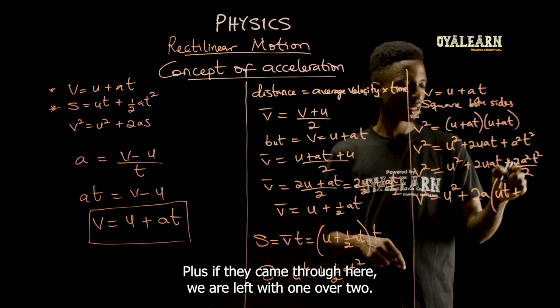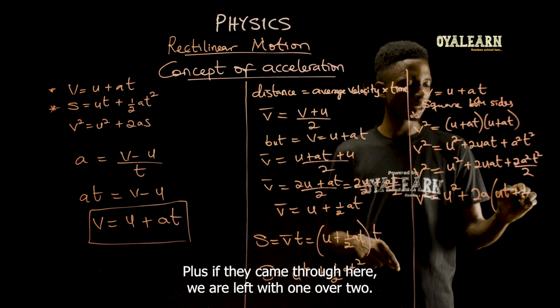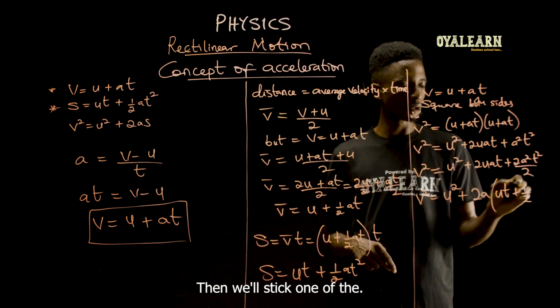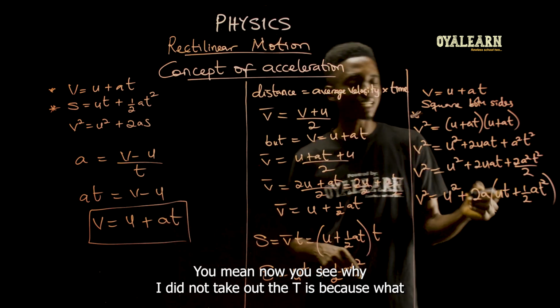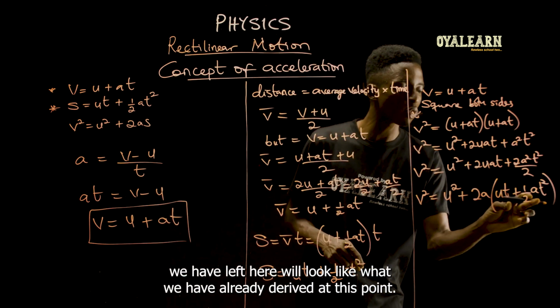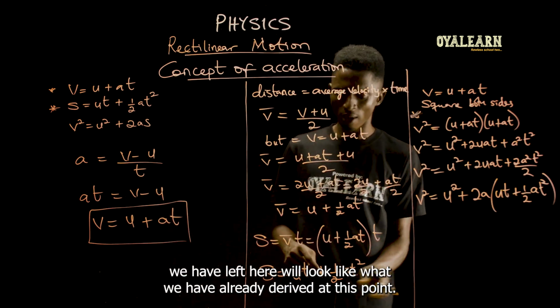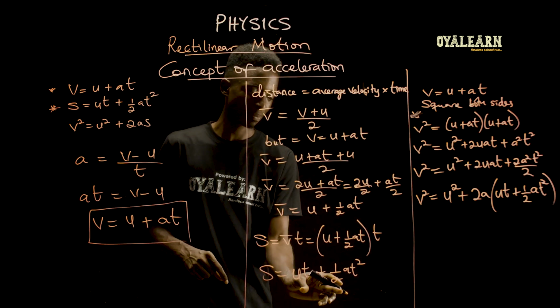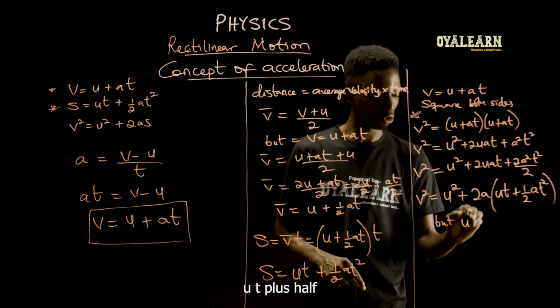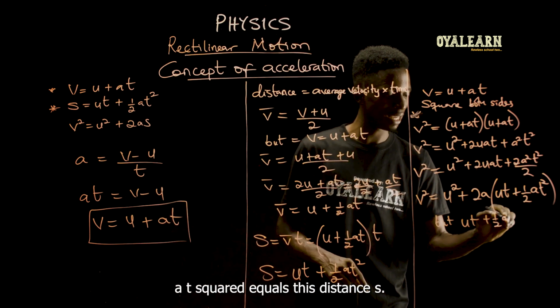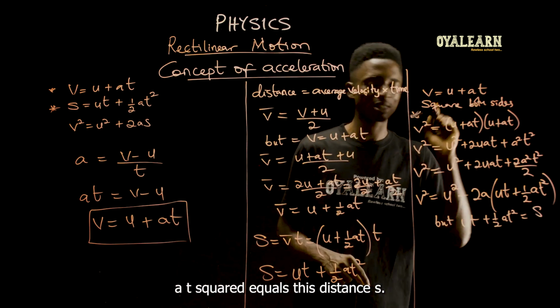Now plus, you've taken 2 here, we are left with 1 over 2. Then we've taken one of the a, so we have a, and then t squared remains. You see why I did not take out the t is because what we will have left here will look like what we have already derived at this point. Okay? But ut plus half at squared equals displacement s.